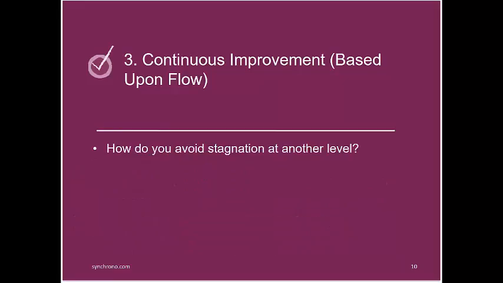And then avoiding stagnation at another level, there's a couple things here. One is that, you put all this energy into getting the continuous improvement engine going, and that doesn't do well to being shut off, right? So you're constantly moving better and trying to put in this mentality of continuous improvement.